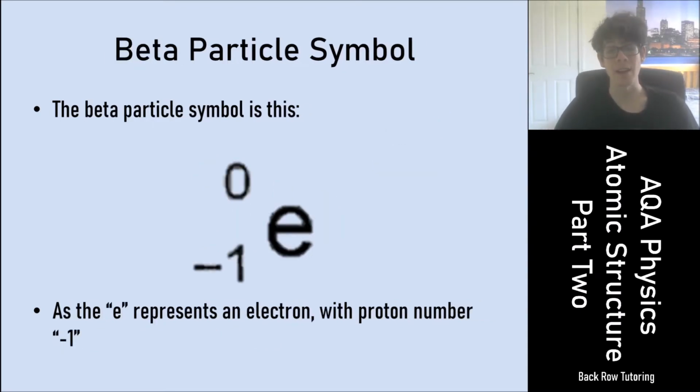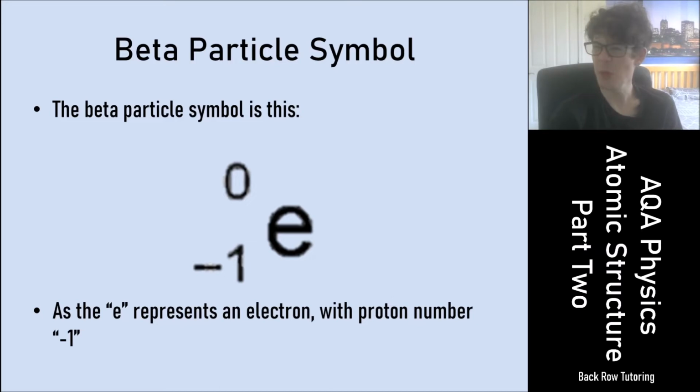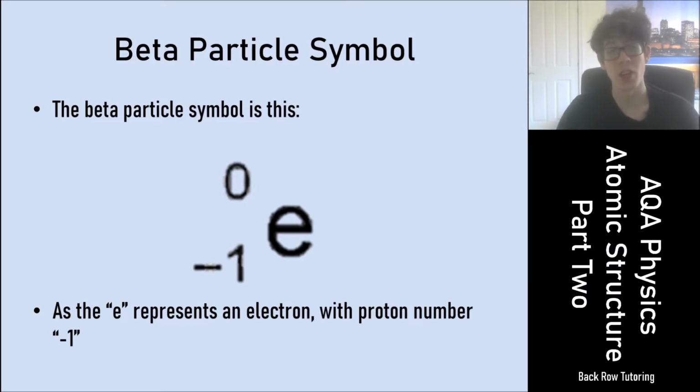The beta particle is given this symbol, an E with a mass number of 0 and an atomic number of -1, as the E represents an electron with proton number -1. Because remember, in a way, an electron's a little bit like a negative proton, isn't it? Because an electron has a -1 charge, whereas a proton has a +1 charge. So the proton number here is -1.